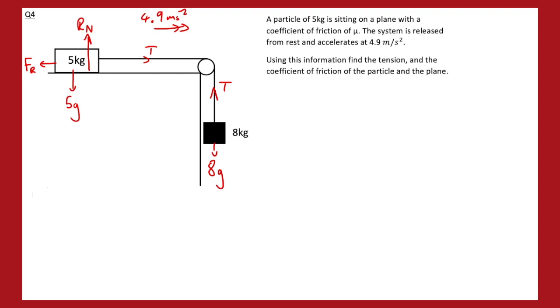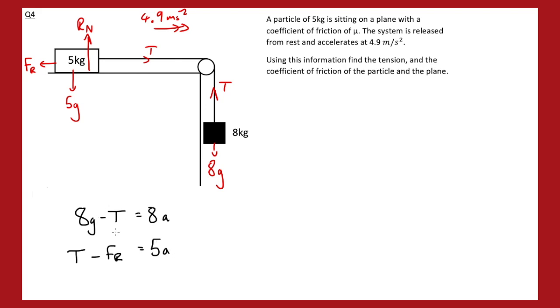Use this as a starting point. We'll write our normal equations to help us. So we have 8G minus T equals 8A, and T minus FR equals 5A.